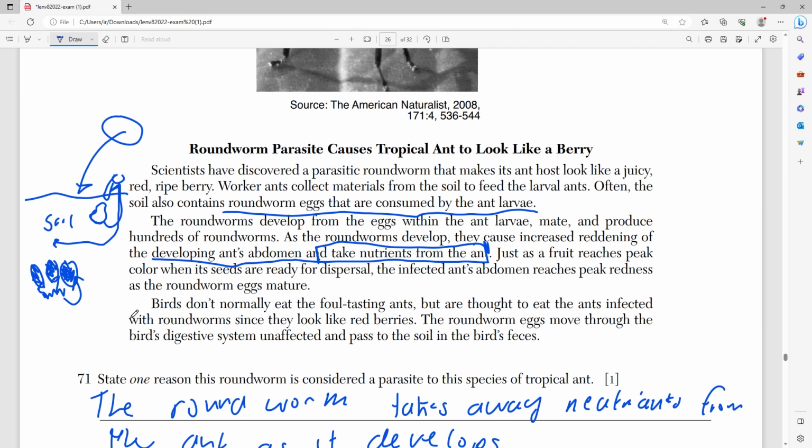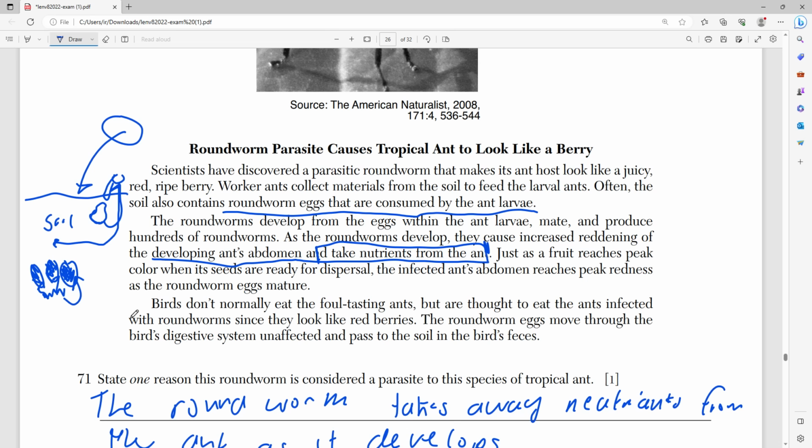Once the roundworms have infected the colony, they pretty much eat all of the larvae, and eventually there's not going to be any larvae left for them to eat, and they're going to die out. So before they die out, they want to get eaten by the bird, because if you didn't know this, the bird flies around. When it flies around, it can fly pretty great distances. Birds can fly a couple miles when foraging for food, and obviously it's going to poop at some point.